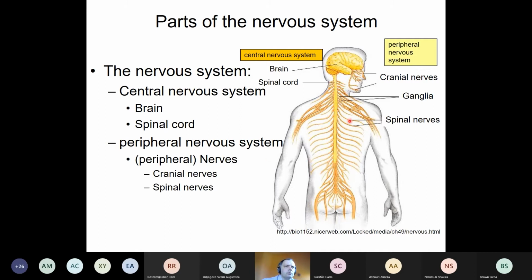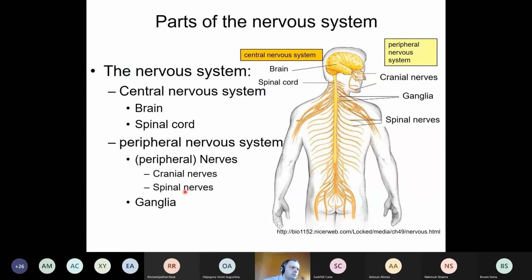The nerves I will tell you about at histological level next week, but you have to know that these are bundles of nerve fibers traveling in the periphery, and the human body has 31 pairs of spinal nerves arising from the spinal cord, and 12 pairs of cranial nerves arising from the brain.